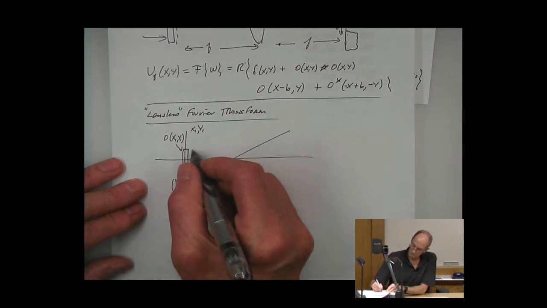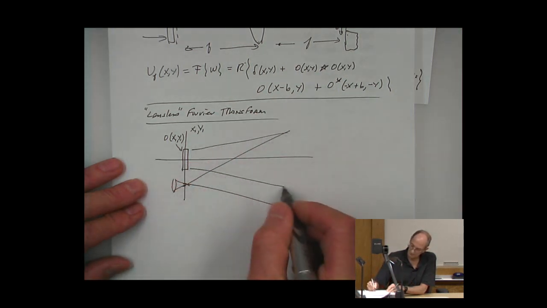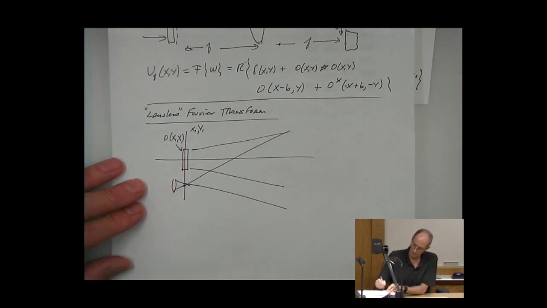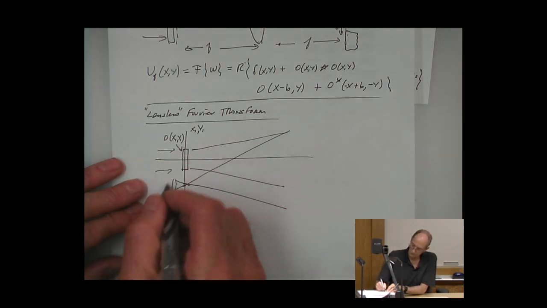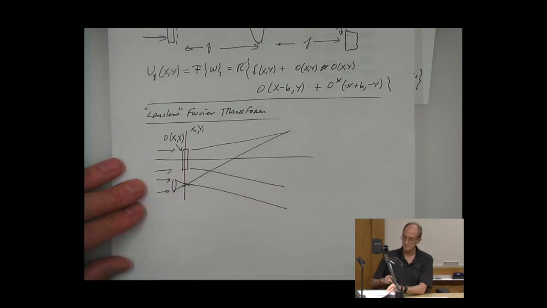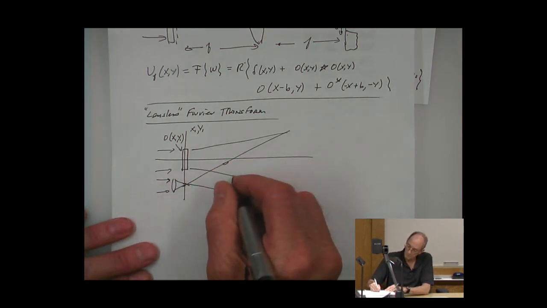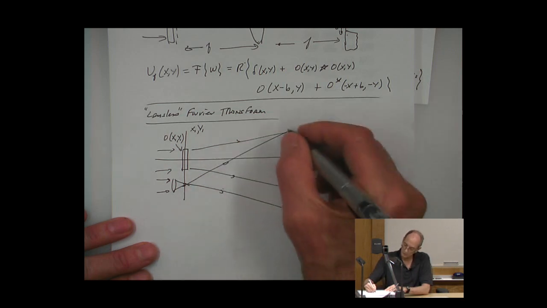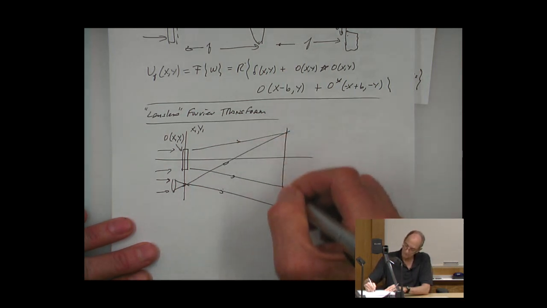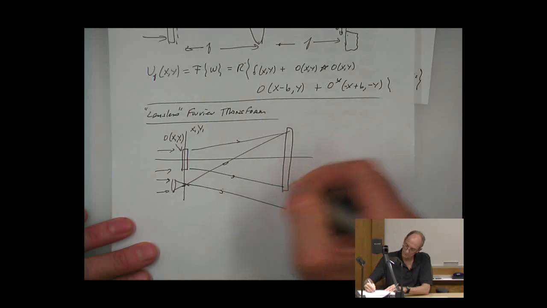And we then have the diffracted field coming out here as well. And all this is normally illuminated with a plane wave, like that. All right, so now we place our film out here again.